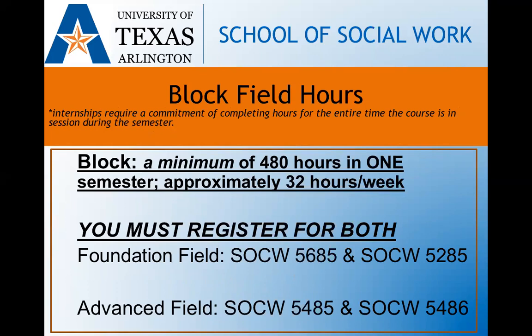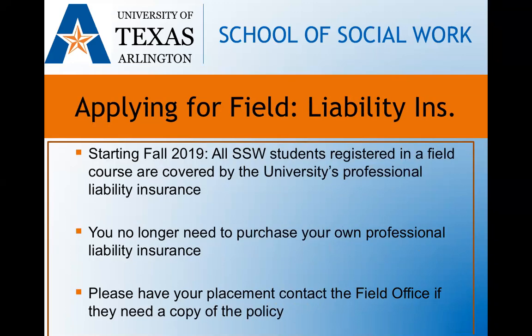And that's a whole lot to manage if you have anything else going on, like a job or like a family or really any other responsibilities. Because a block placement is going to require that you devote most of your available time to being at your placement.